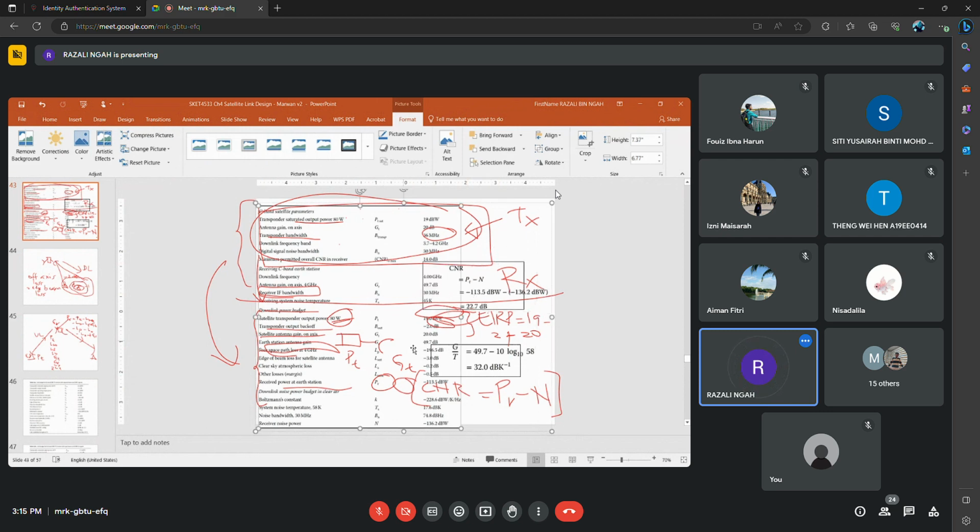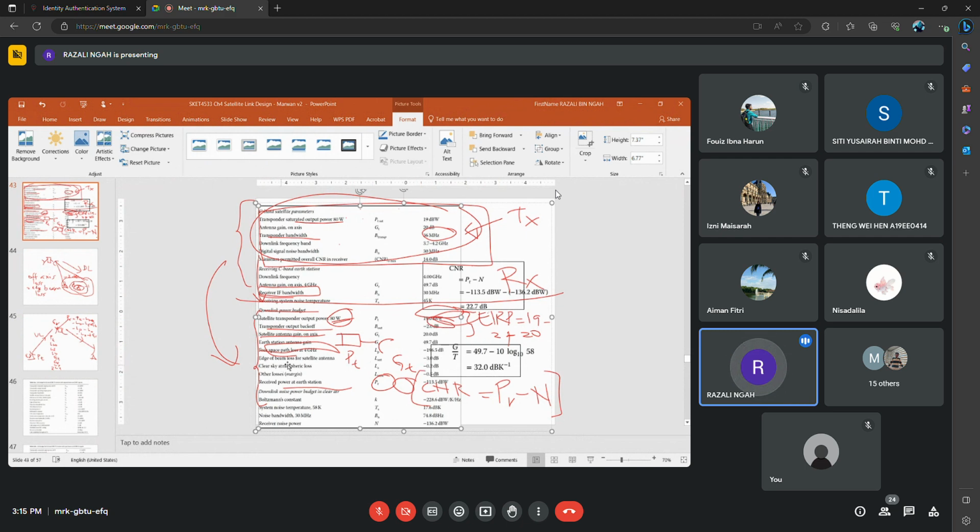Okay, 19 minus 2 plus 20 plus 49.7. So all the plus is referred to PT, GT, GR. The rest must be negative, referring to losses. So your path loss is minus 196.5.